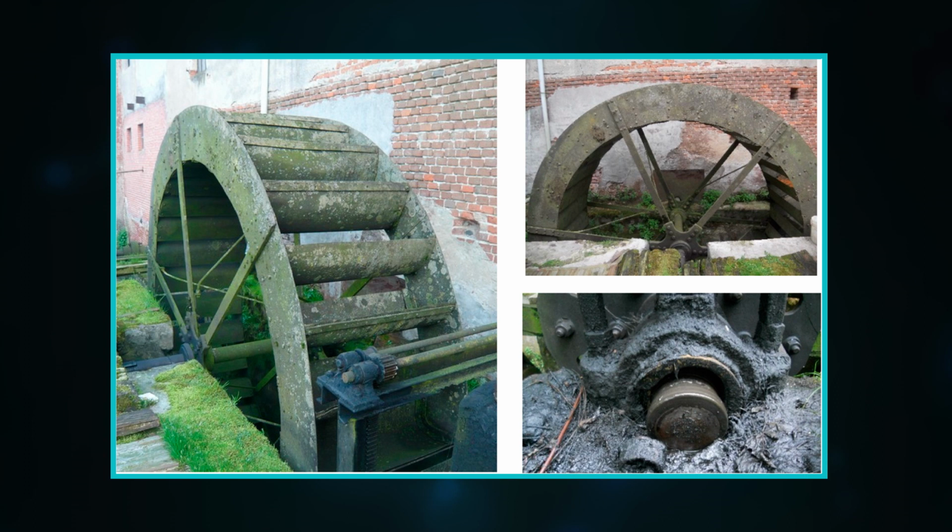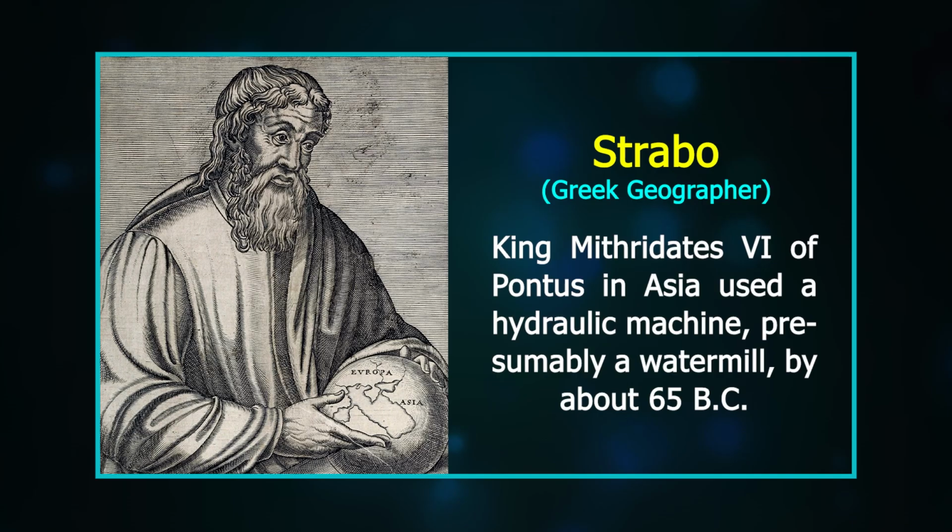Until the development of steam power during the Industrial Revolution, water wheels were the primary means of mechanical power production, rivaled only occasionally by windmills. According to the Greek geographer Strabo, King Mithridates VI of Pontus in Asia used a hydraulic machine, presumably a water mill, by about 65 BC.